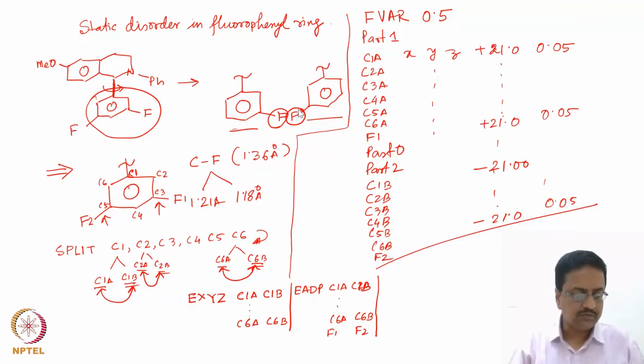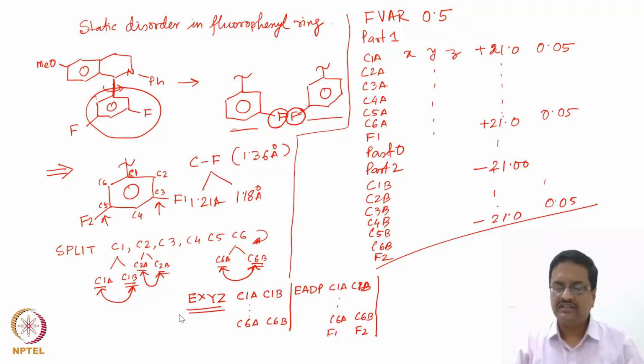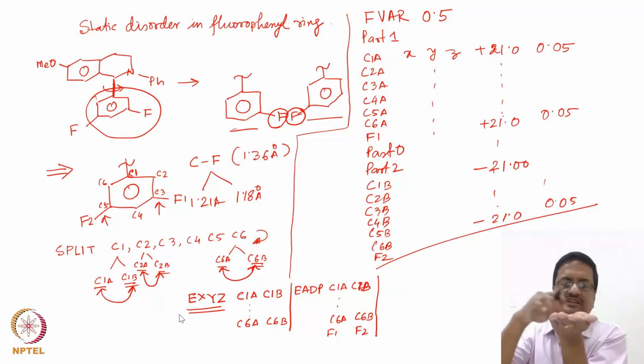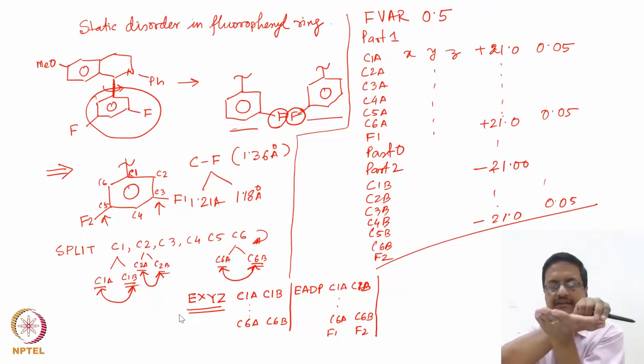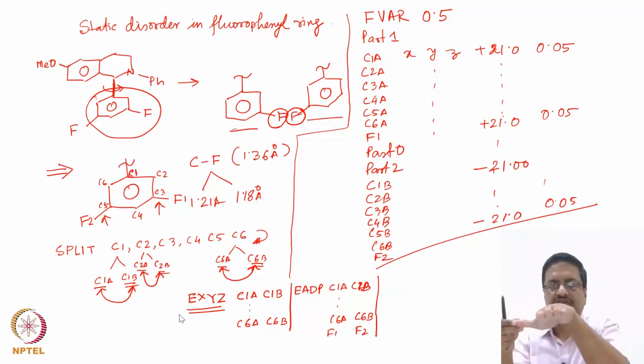So this part 1 and part 2 process has to be applied as it was done in the case of BF4, but here we add extra EXYZ for the carbon atoms which are located at their original position even when disordered, which essentially indicates that the molecule has only rotated about its axis, keeping all the atoms in the plane the same, but this fluorine atom which is here gets rotated to the other side like this. So this rotation is allowed.